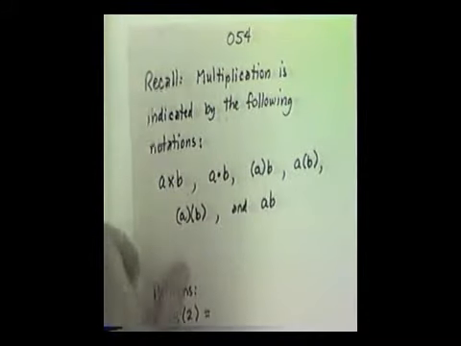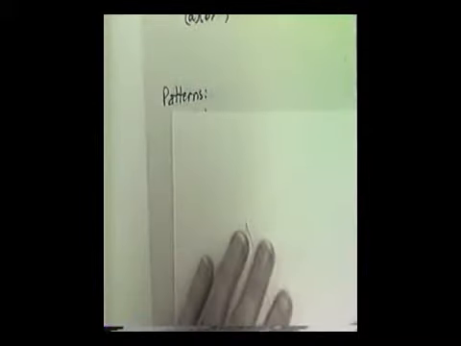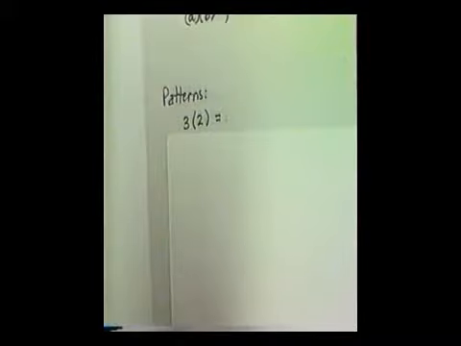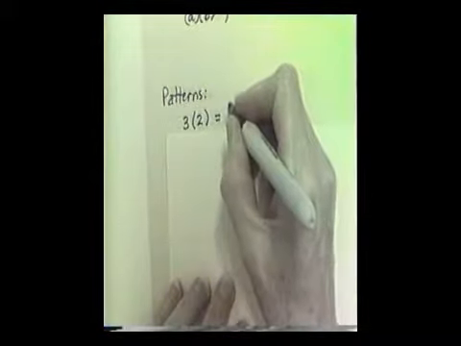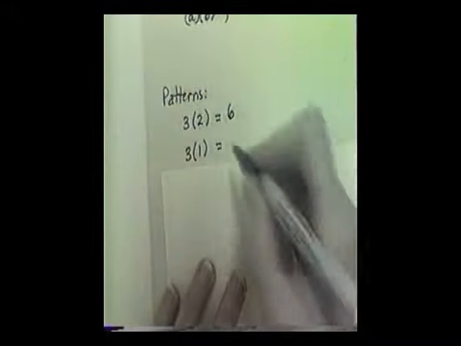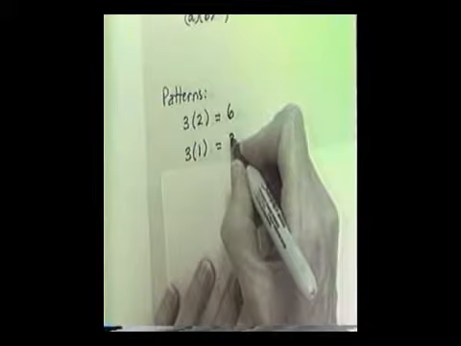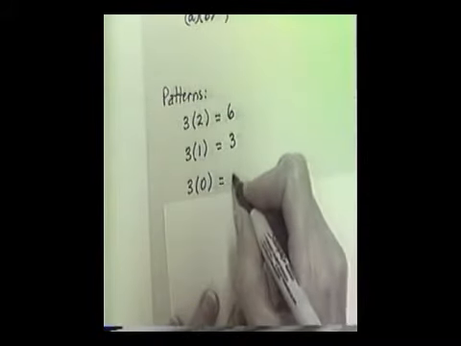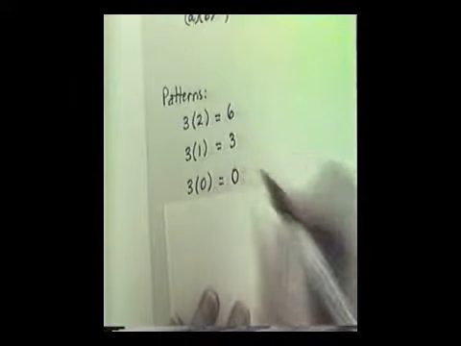Let's now observe some patterns in multiplication. We'll start with 3 times 2. Certainly we know that 3 times 2 is 6. 3 times 1 is 3. 3 times 0 is 0.